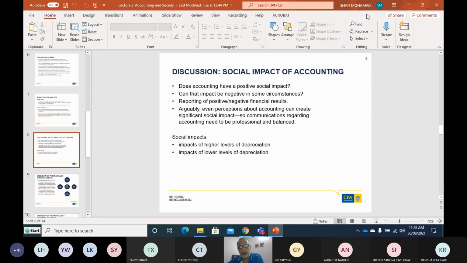So you will realize from your SEM 1 that there are many areas in accounting which are subjective. And because this is subjective, it can be played around with. Some people use the term cook the books. Don't show the real picture.